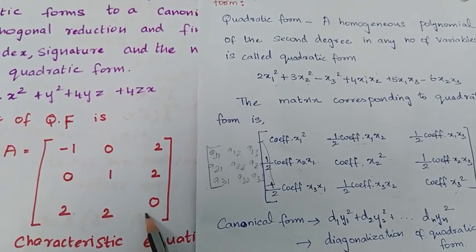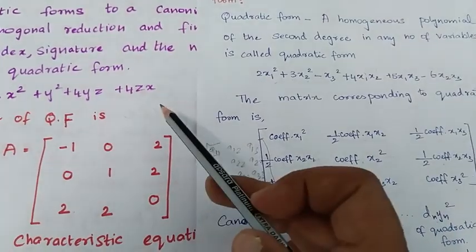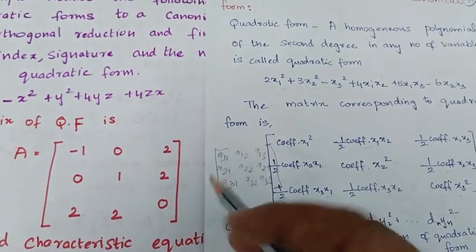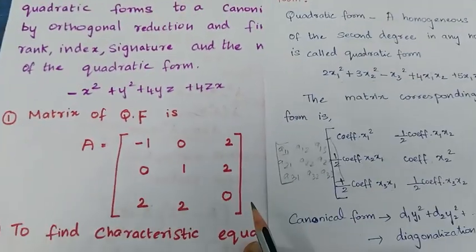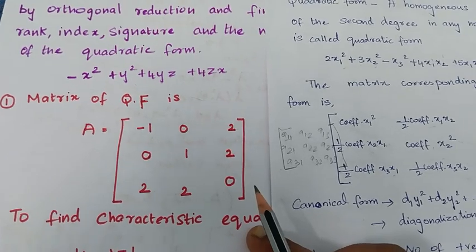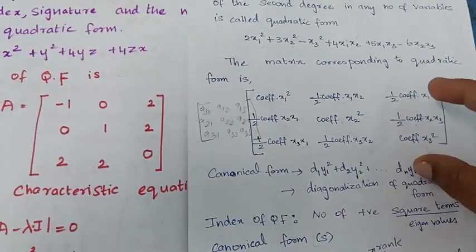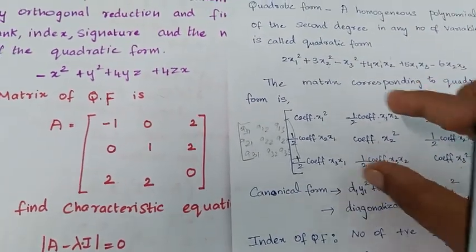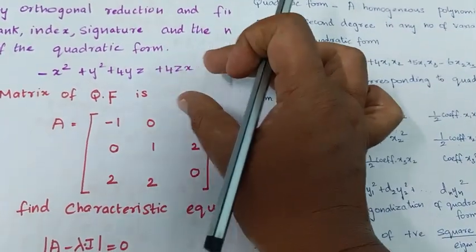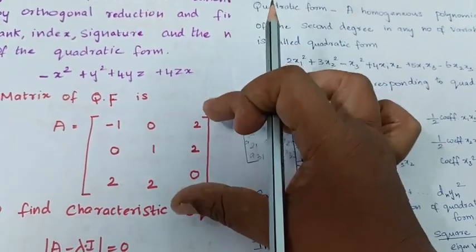The last coefficient of x3 square, that is z square, we don't have, so it is 0. So this is how we write the matrix of a quadratic form, from the formula, from the quadratic form given in matrix form.